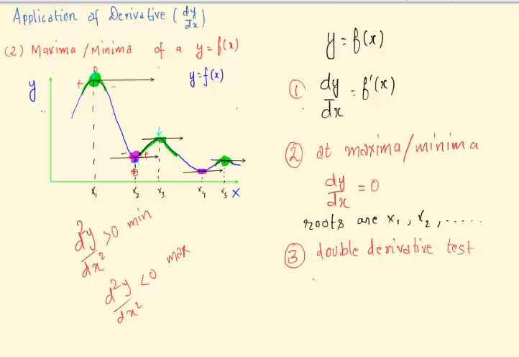So if at x1, d2y by dx2, or the double derivative of y with respect to x, is greater than 0, that implies x1 is a minima.